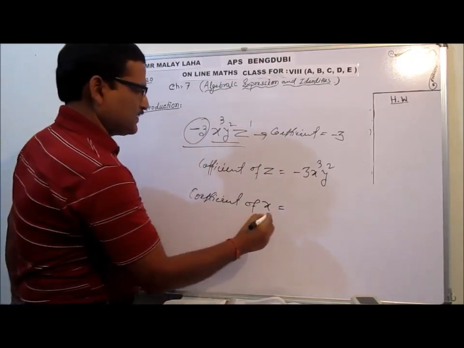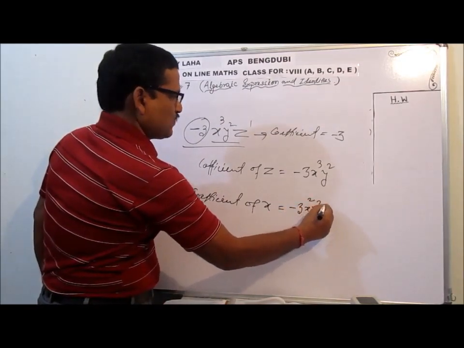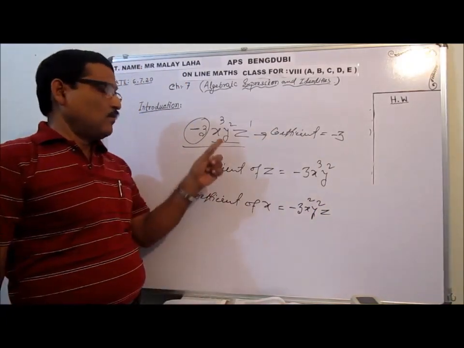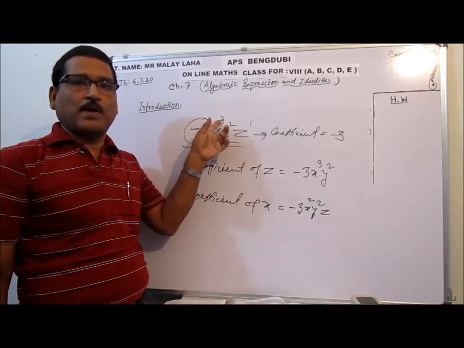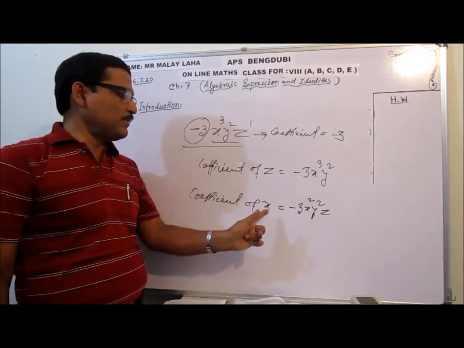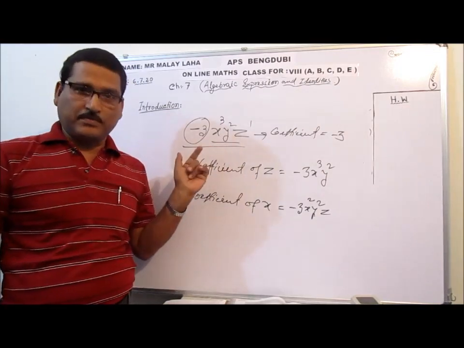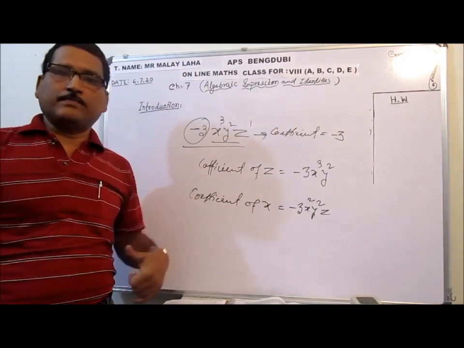So the coefficient of x is minus 3x square y square z. Have you understood? Be careful. We have x raised to 3, so we reduce one power and the remaining part is the coefficient of x in the term. Okay? This is all of the preliminary explanation.